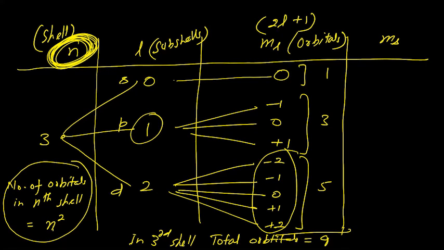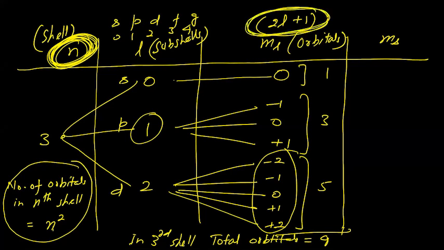S, P, D, F, G are the notations used for subshells, and the corresponding digits are 0, 1, 2, 3, 4. These values you need to use for calculation of the number of orbitals.